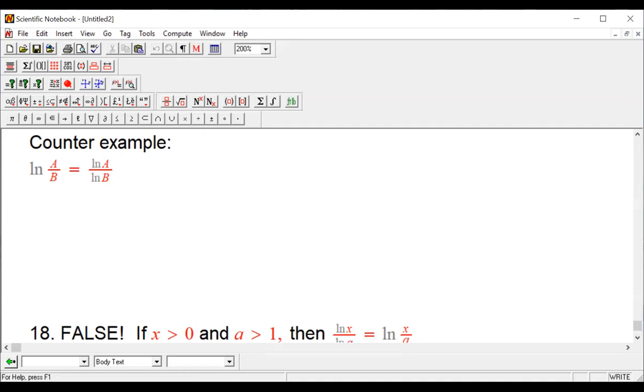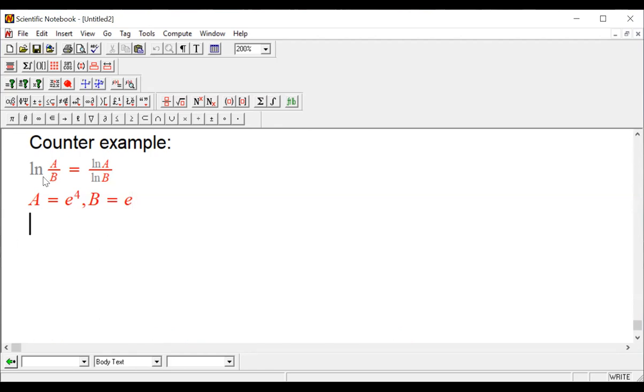So here I'm going to have a equals e to the power of 4 and b equals e. And so the left-hand side is equal to ln of e to the power 4 divided by e, and that equals ln e to the power 3. So that equals 3.